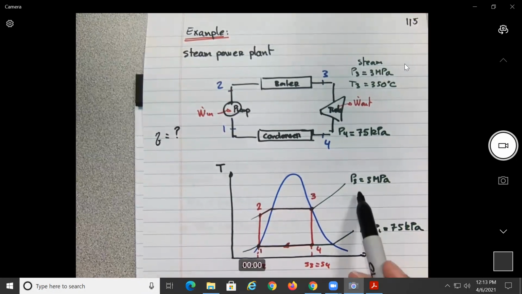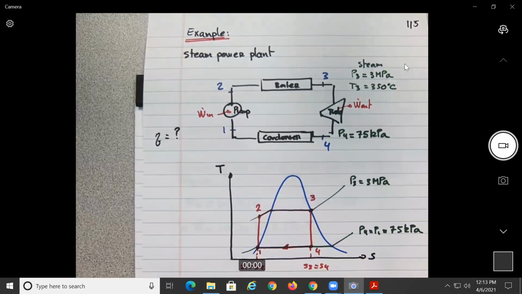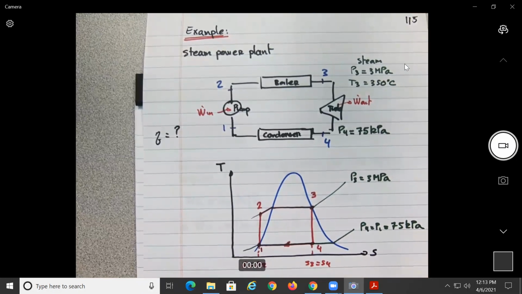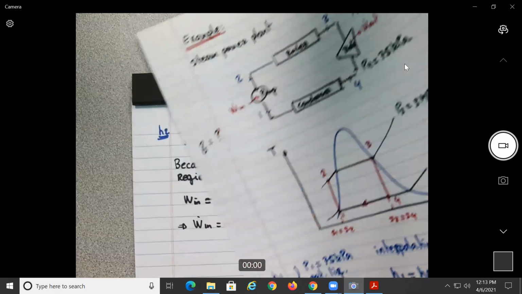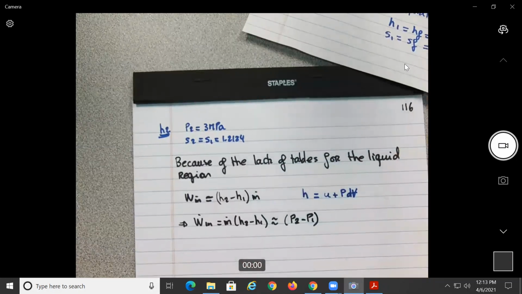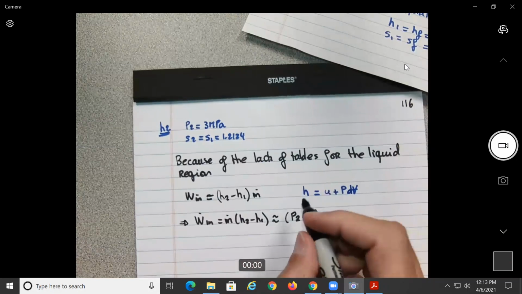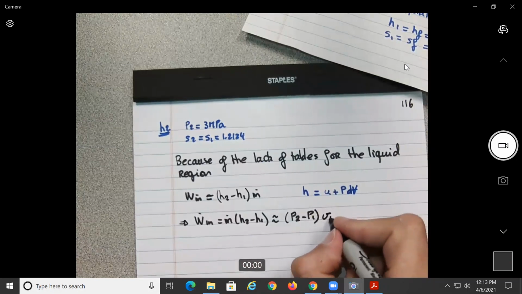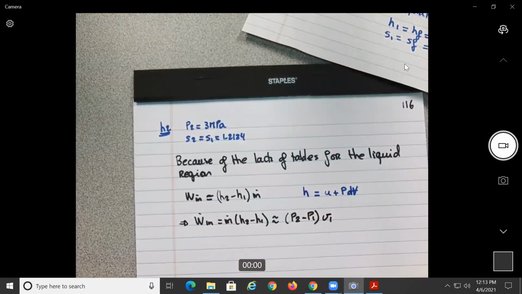Okay, will be those two pressures over here. Okay, times the specific volume V1.